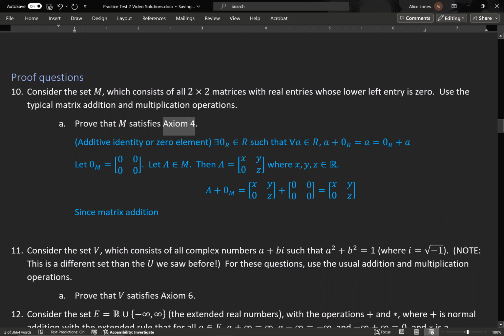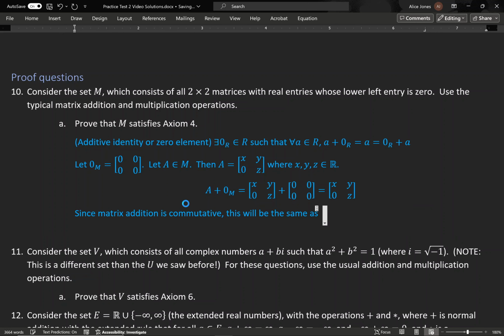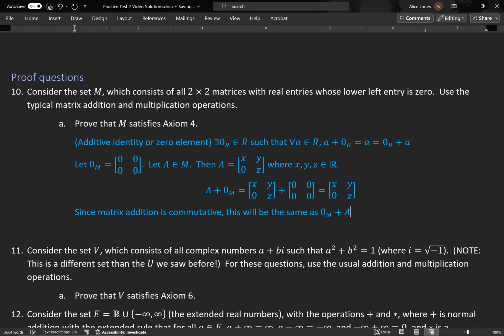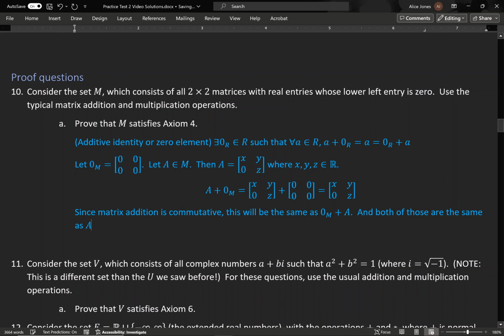If we were working with another random ring, you couldn't assume that the addition was commutative unless you showed that it was. But in this case, since it's matrix addition, we know that it is commutative. So this will be the same as 0M plus A, and both of those are the same as just A.